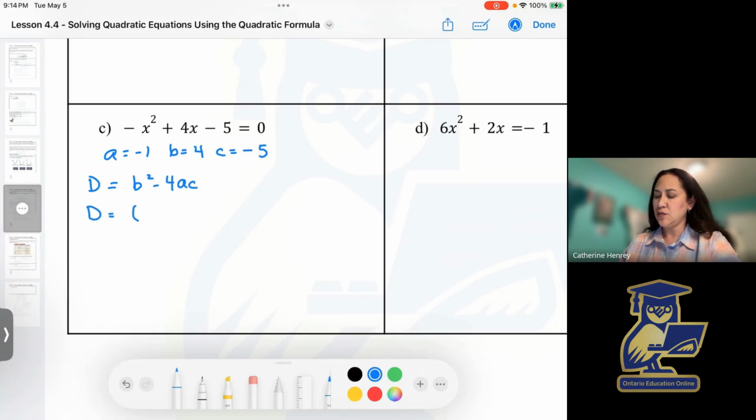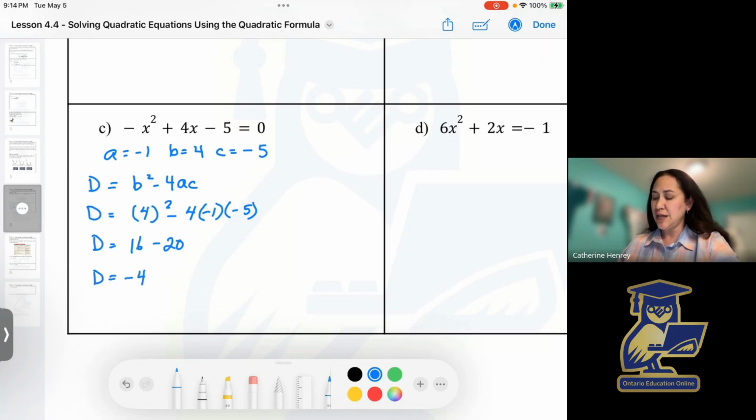So b is 4, square that, minus 4 times a is -1, and c is -5. Simplifying, 4 squared is 16, and -4 times -1 times -5 is -20. So the discriminant here is equal to -4.